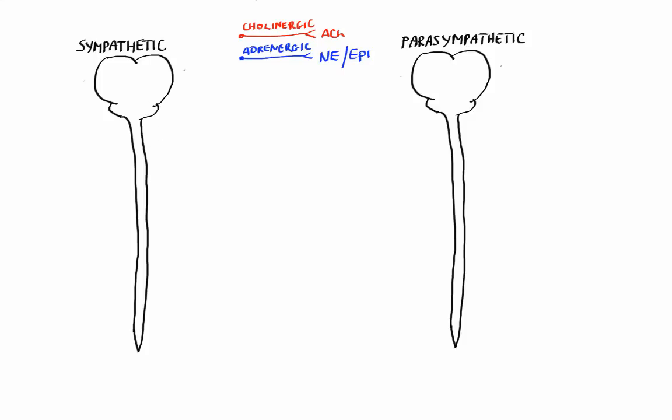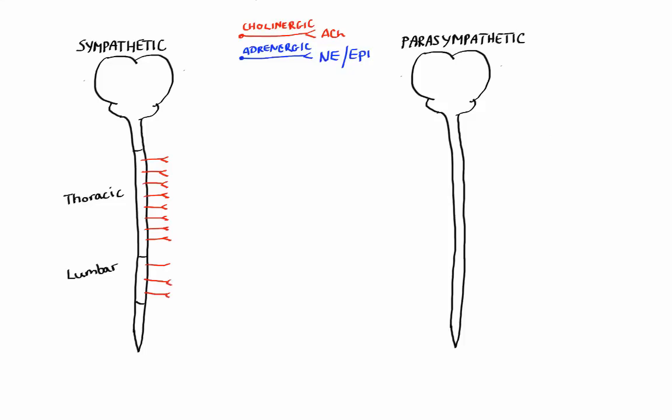And I'm going to use the color blue to draw them. Now, let's focus on the sympathetic division first. So, sympathetic neurons arise from the thoracic and lumbar regions of the spinal cord. And first, we have preganglionic neurons, which originate directly from the spinal cord. They are short and they release acetylcholine, so they are cholinergic.